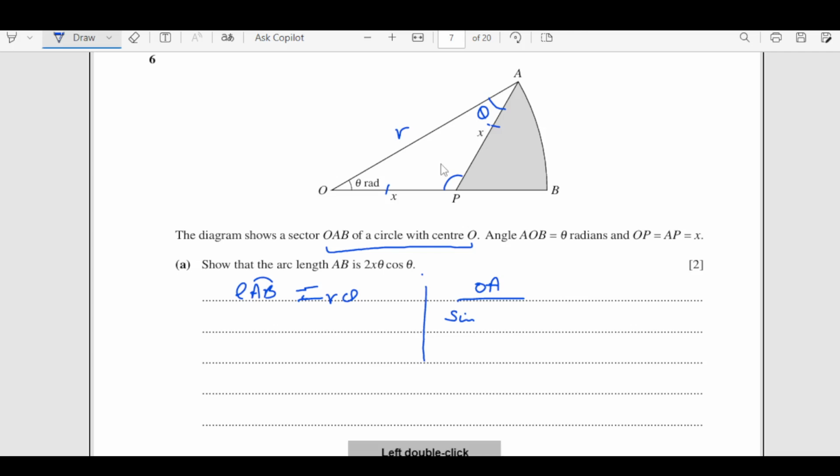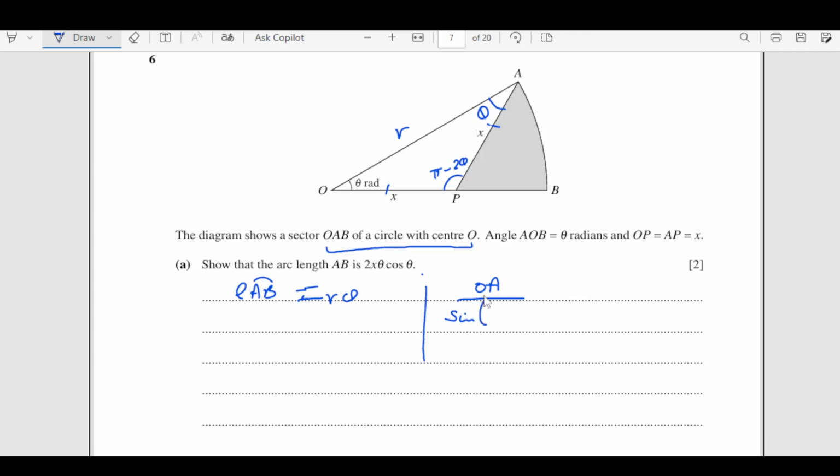Then the sum of the angles in a triangle is 180, that is pi. So, this is going to be pi minus 2 theta, because theta plus theta plus this angle is equal to pi, right.